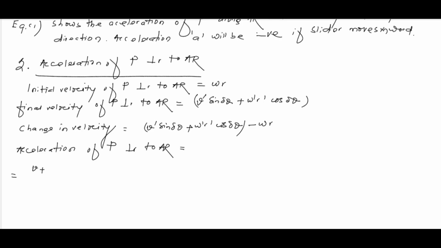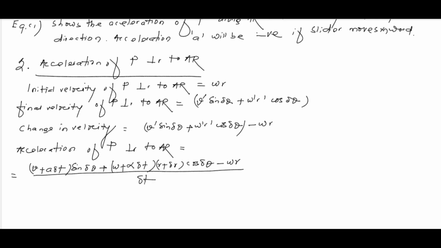So (v plus a del t) sin del theta plus (omega plus alpha del t)(r plus del r) cos del theta minus omega r, divided by del t.